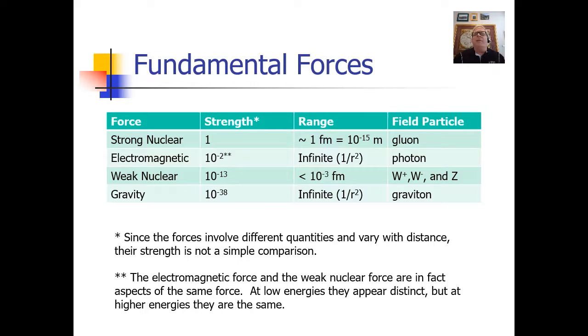The weak nuclear force is generally considered to be weaker than even the electromagnetic force. It too has a limited range, less than 10 to the minus 3 femtometers, and the particles that mediate it are called intermediate vector bosons. There are 3 of them listed there.